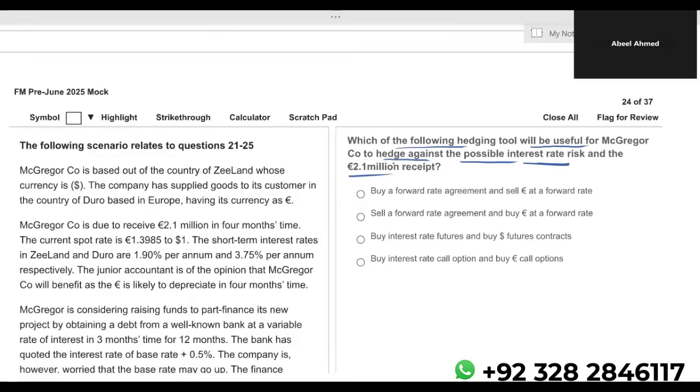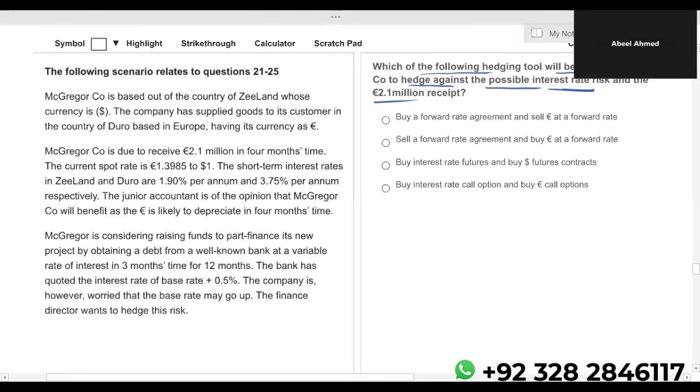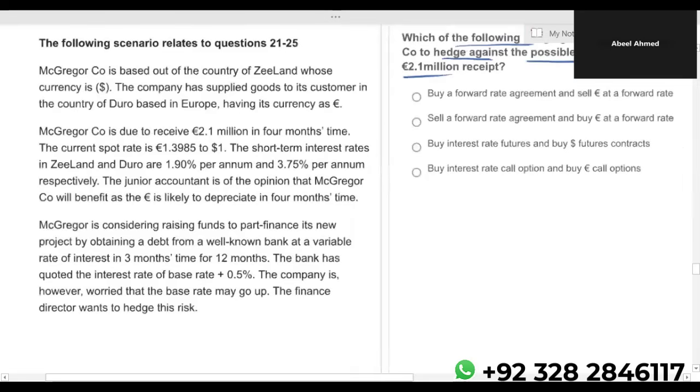For interest rate risk, we have to read the scenario. Which risk are they facing? Are they facing a risk of a rise in the interest rate, or a risk of a decrease in the interest rate? Because in both cases, hedging techniques are different. Receipts, we know that 2.1 million, but we don't know about the interest rate.